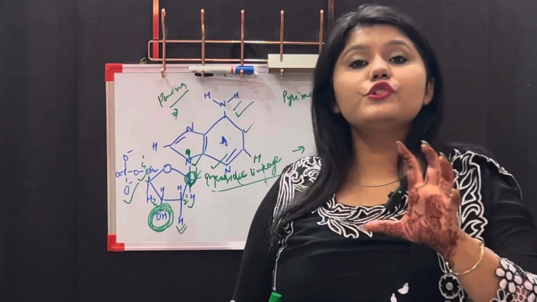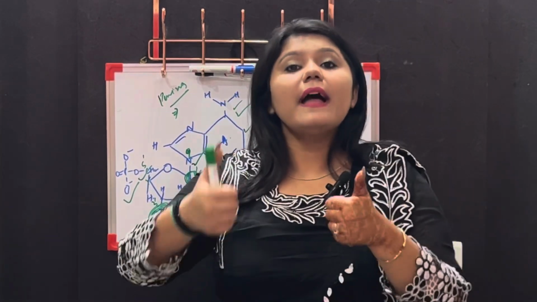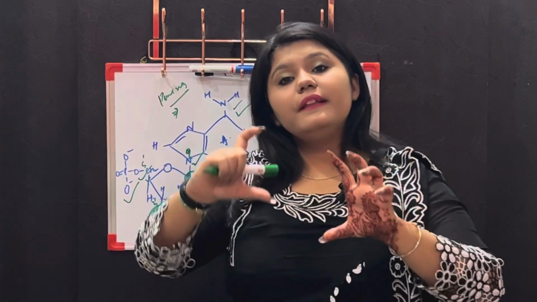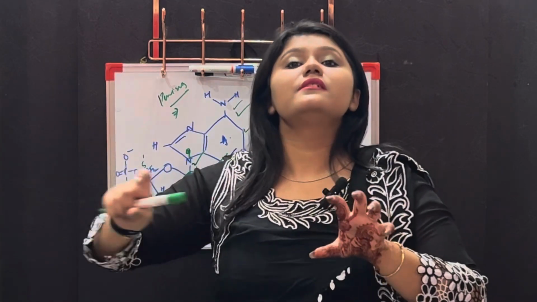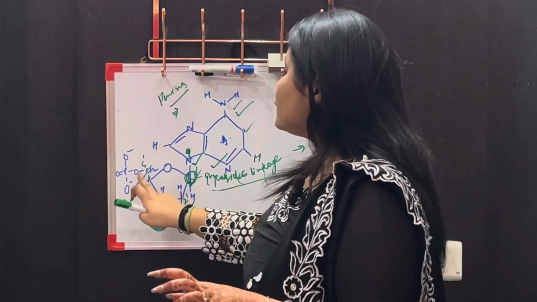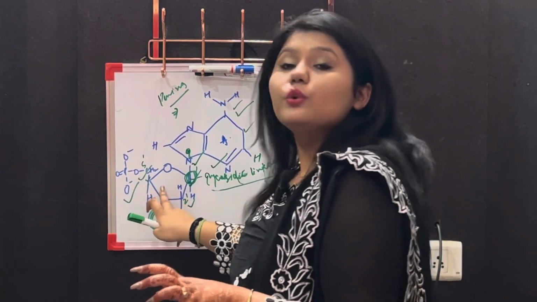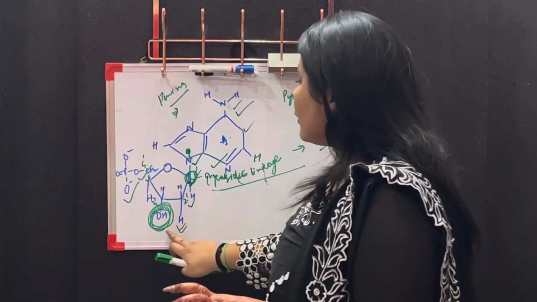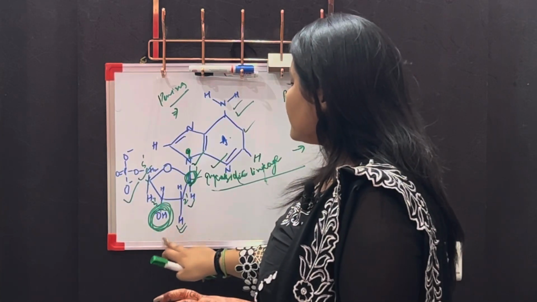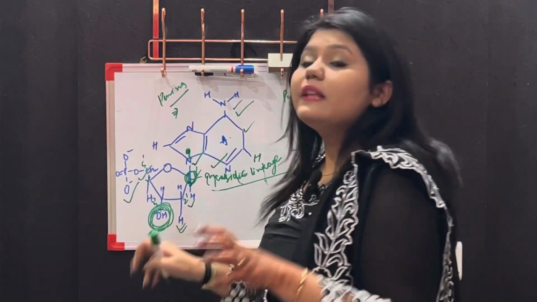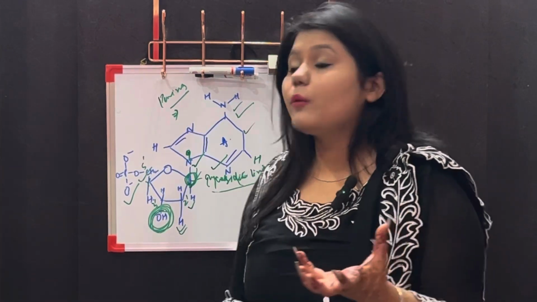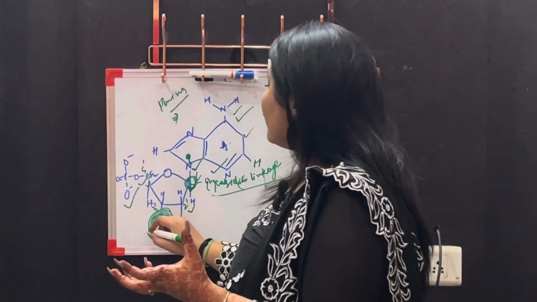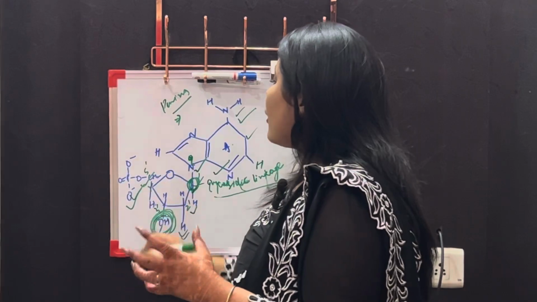Because it is the bond formed between the alcohol and the acid moiety. When the alcohol and the acid join, they form esters. So it is the ester bond formed between the phosphate and the sugar residue. This is known as the phosphoester bond. Here also the bond will form between the phosphate and the sugar residue, so that will also be called the phosphoester bond.